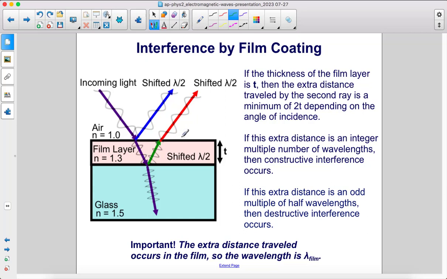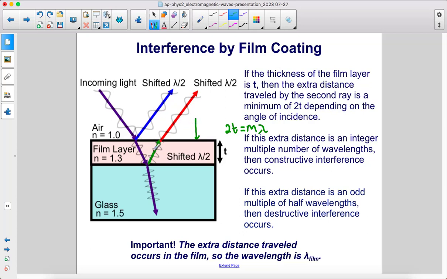Although on the AP Physics 2 test, I've only ever seen thin film interference problems where the incident light ray is going straight in, so that they've removed the angle of incidence, and you only have to think about the extra distance traveled as being 2T. If 2T equals some integer number of wavelengths, then these waves are still in phase with each other and there will be constructive interference.